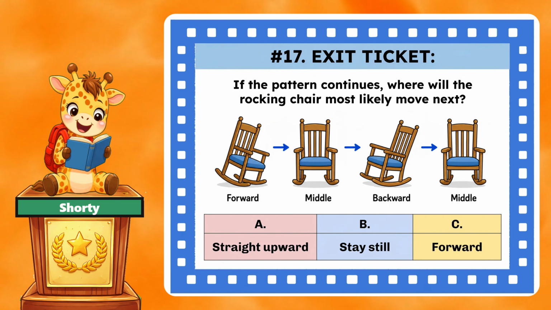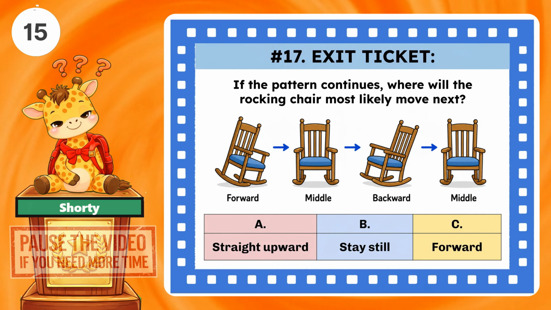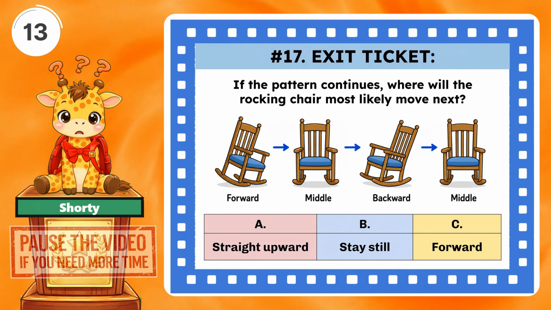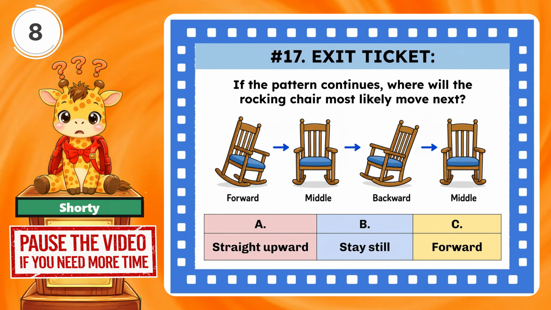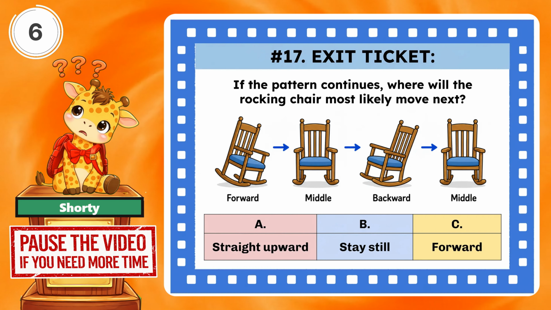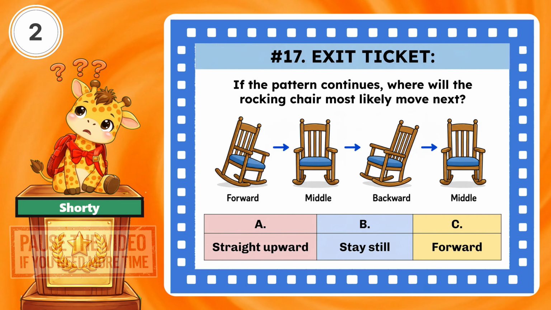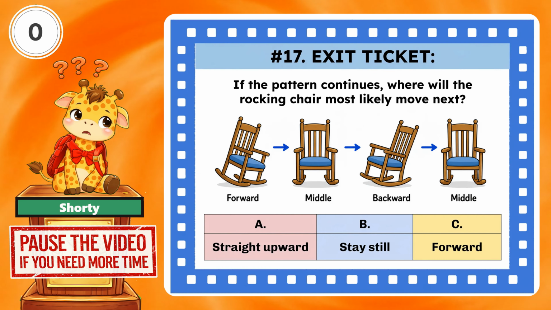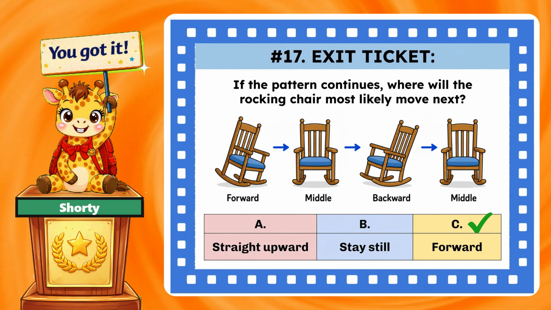If the pattern continues, where will the rocking chair most likely move next? And the correct answer is letter C. Forward.